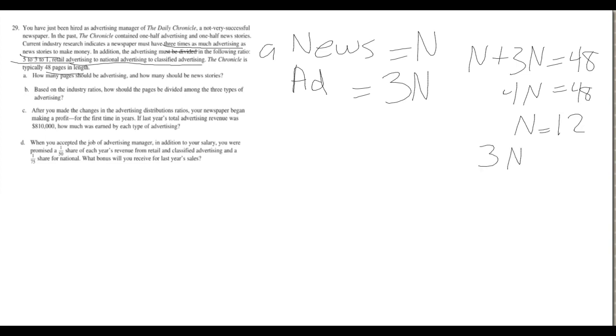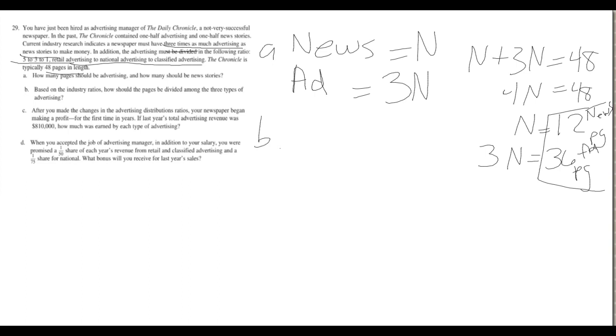And then 3N, 3 times 12 is 36. So N is for the pages of news, and then 36 pages of ads. So that's for A.